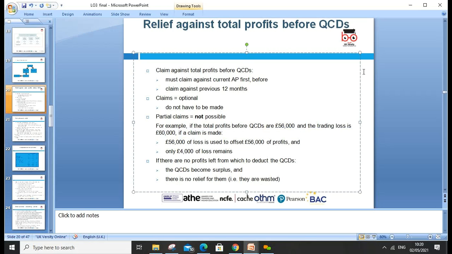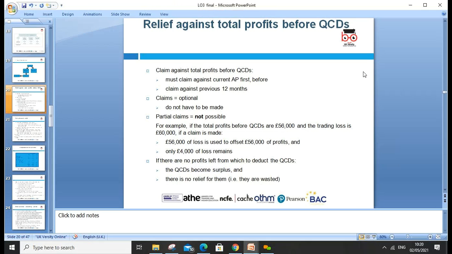If a claim is made, 56,000 of the loss is used to offset 56,000 of the profit, and 4,000 of the loss remains. And if there is no profit left after deducting QCD, it becomes surplus, and there is no relief for it. So this can be wasted as well.